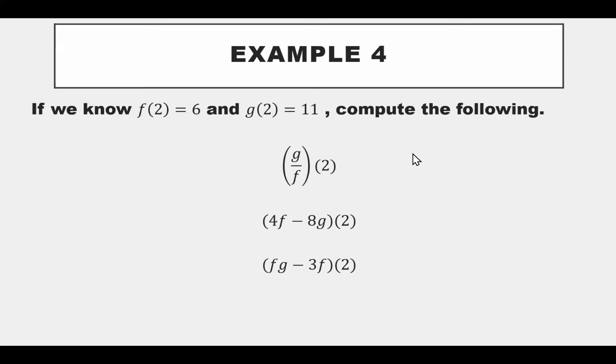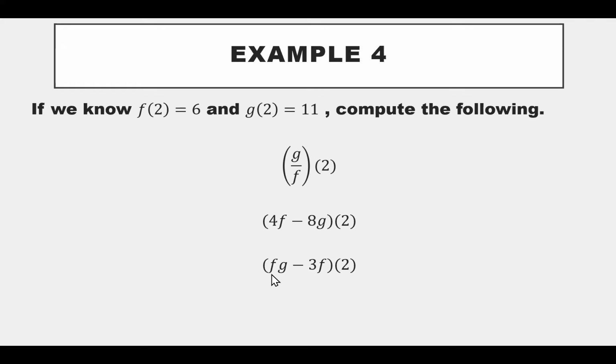Now, things can get more complex if you want. I've set up a couple of extra problems here that are a little bit more involved. You can see here we just have g over f of 2. We know what f of 2 is. We know what g of 2 is. We have, in this case, 4 times f minus 8 times g of 2.